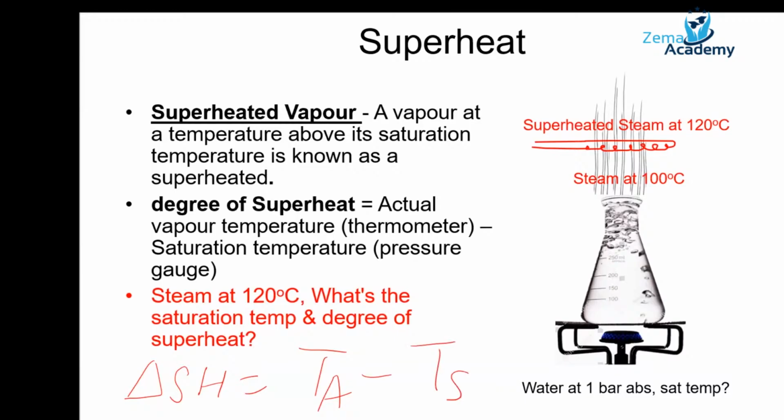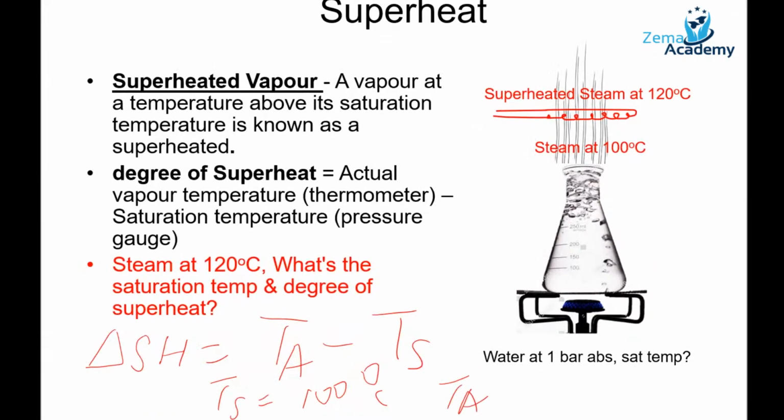One example that I just gave you here is water boiling. Of course, the steam is at 100 degrees C and the superheated steam temperature is 120 degrees C. What is the saturation temperature and what is the degree of superheat? Tsat is 100 degrees C, the actual temperature is 120 degrees C, and therefore the degree of superheat is 120 minus 100, which is 20 degrees C.